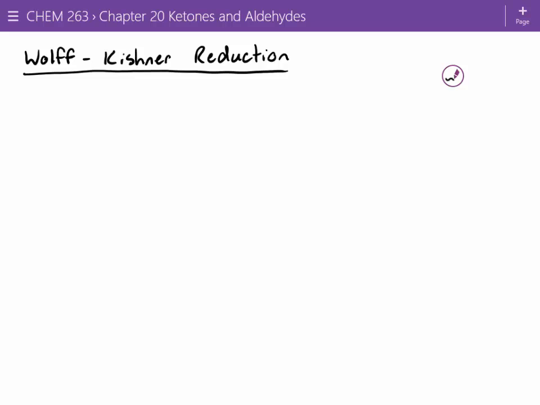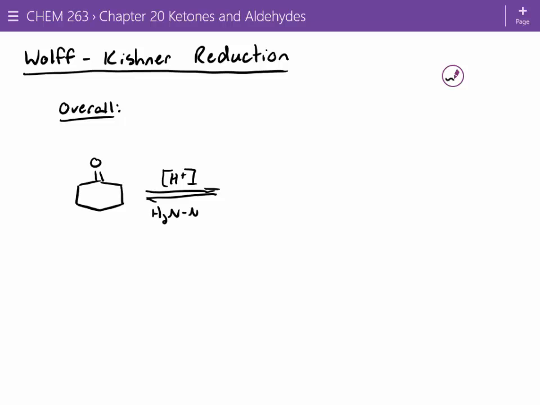But let's say you've got a generic ketone. You react this with your catalytic acid, and then you react it with hydrazine. You'll form your hydrazone, plus water.